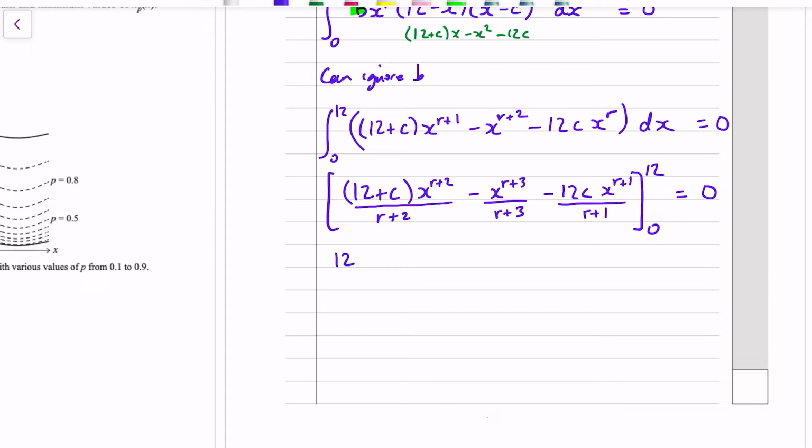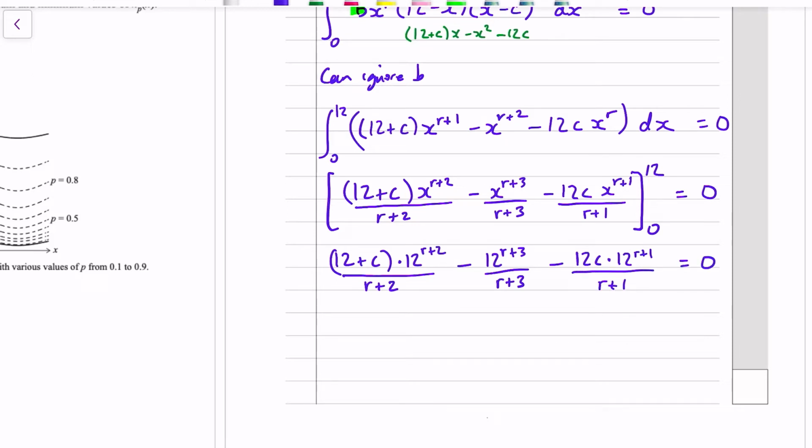12 plus c times 12 to the r plus 2 minus 12 to the r plus 3 over r plus 3 minus 12c times 12 to the r plus 1 over r plus 1 equals 0.